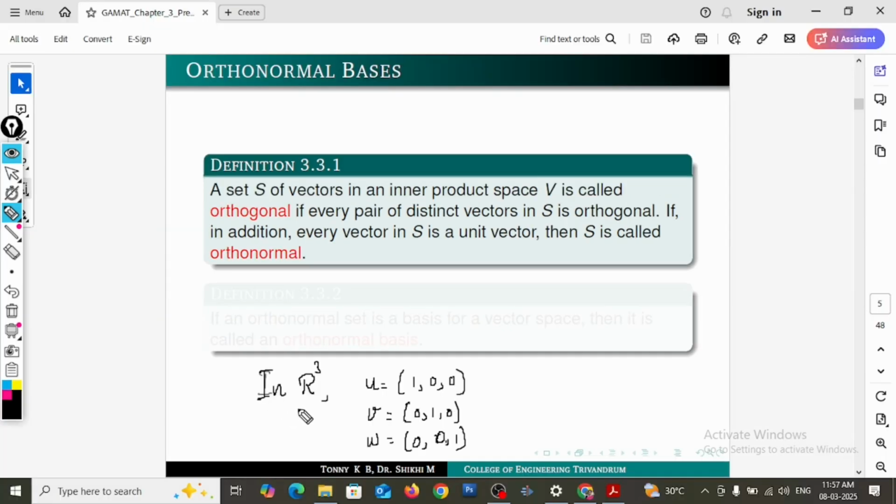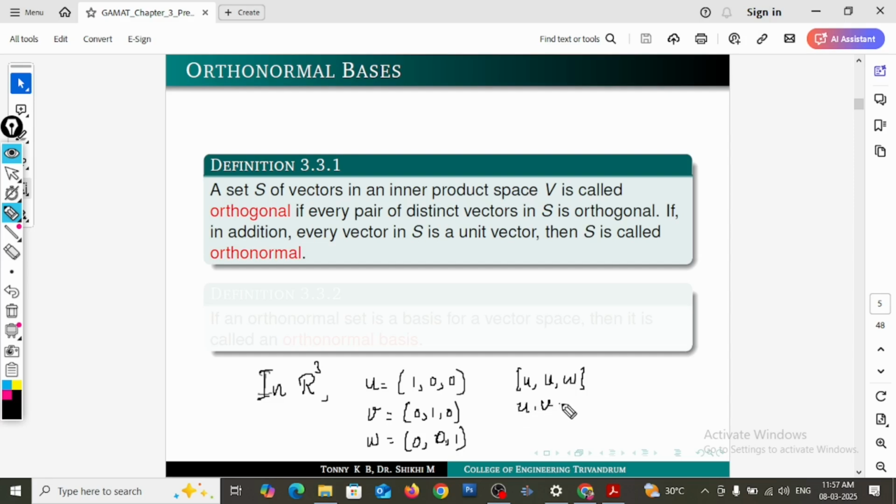For another example, in R3, you may consider the vectors U equal to (1, 0, 0), V equal to (0, 1, 0), and W equal to (0, 0, 1). We have already known that this set U, V, W is the standard basis of R3. Now we have to check whether this set is orthogonal. So how to check? We have to take every possible pair.